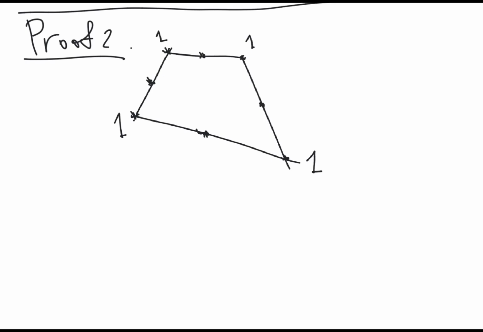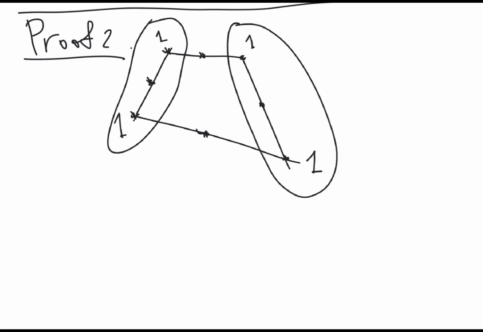So first, we group the masses this way. These 2 masses together and these 2 masses together. The center of mass of these 2 masses, of course, is the midpoint, right? It's equivalent to replace these 2 masses of size 1 with 1 mass of size 2 here in the midpoint, because we can replace a set of masses with the mass of the sum at their center of mass.